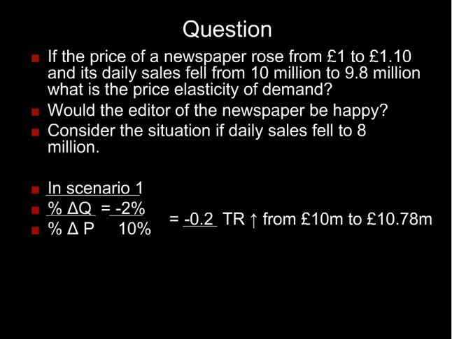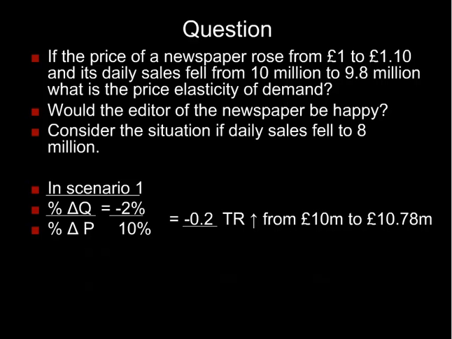That's a 2% fall in quantity demanded. So here we can say that obviously the proportionate change in the quantity demanded is less than the proportionate change in price. We've got inelastic demand. The elasticity number we get is negative 0.2.